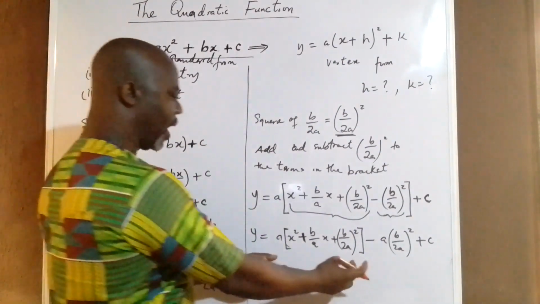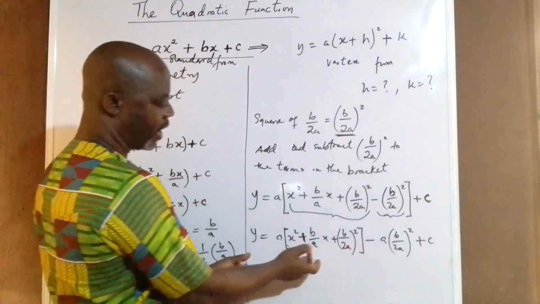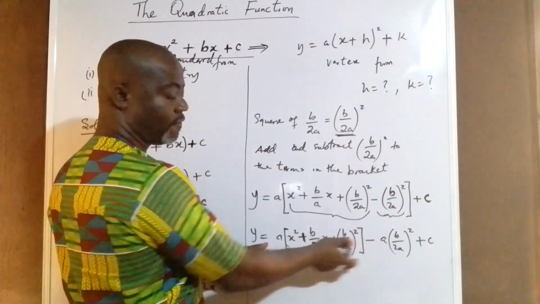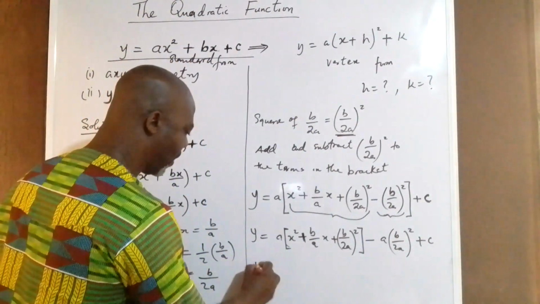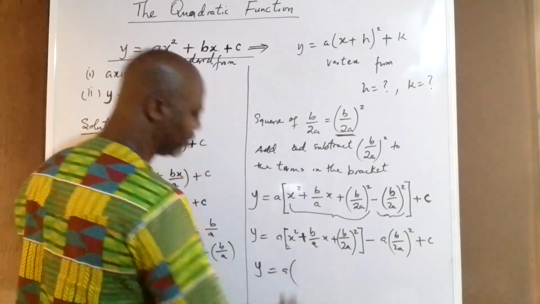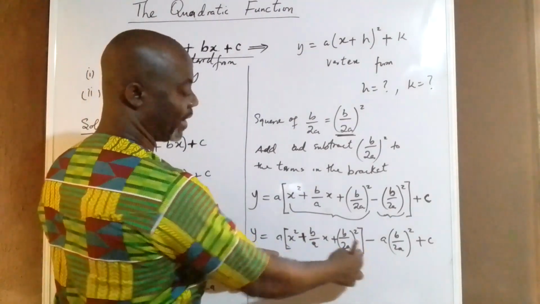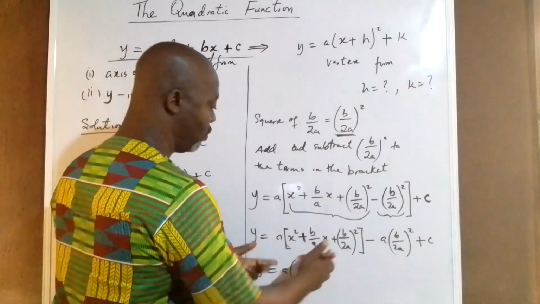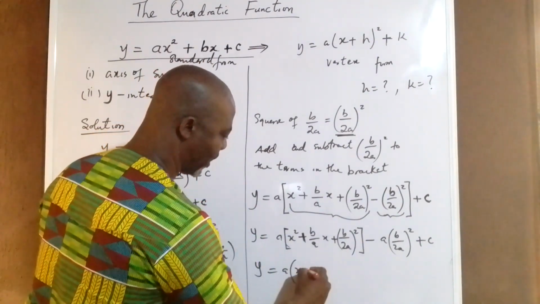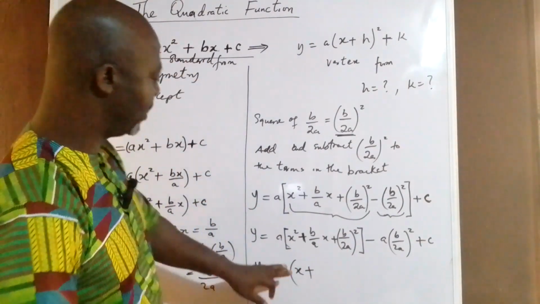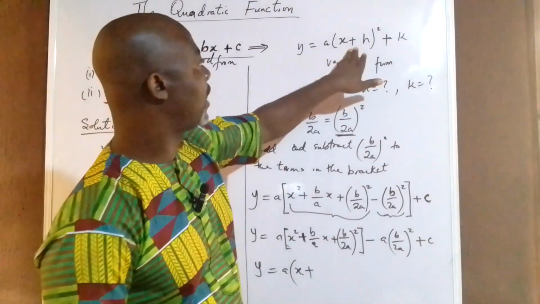So now we are going to factorize this. Our y will be equal to a bracket. Because this is an expanded form, we want to shorten it. I told you from the beginning that the expression is going to look like this.